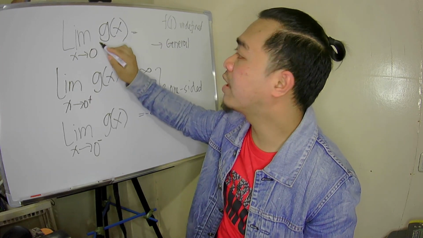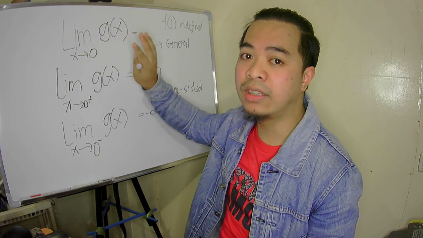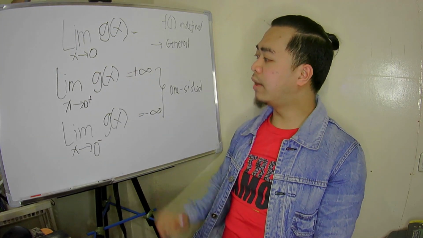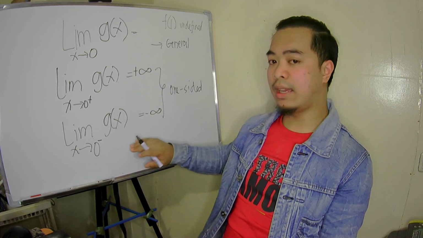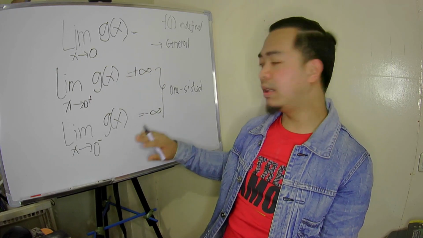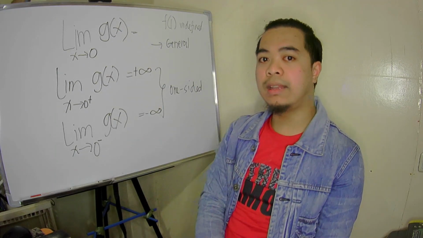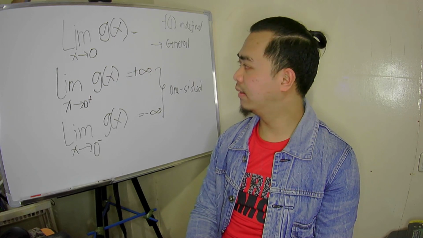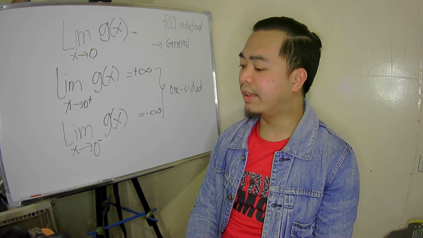So 0, wala na siyang superscript na plus or minus because again, we want the general limit. Ano yung sagot dito? Kung ang right hand limit niya ay positive infinity, the negative or the left-handed limit is negative infinity, what should the answer for our general limit? Sir, the limit does not exist. Yes, the limit does not exist.